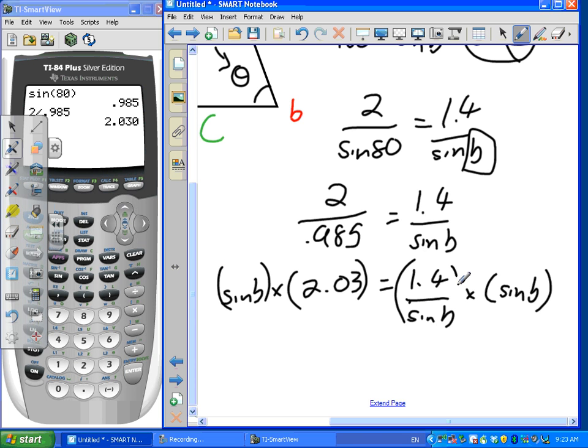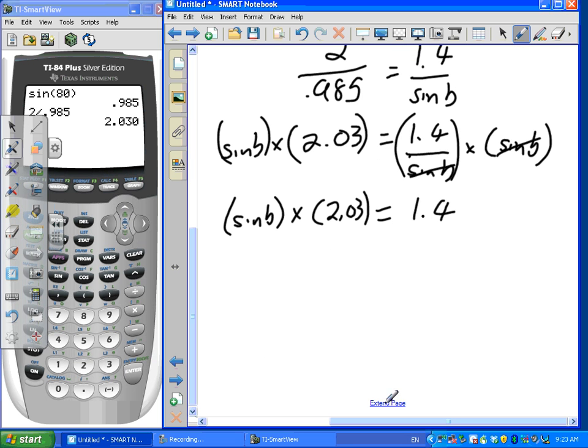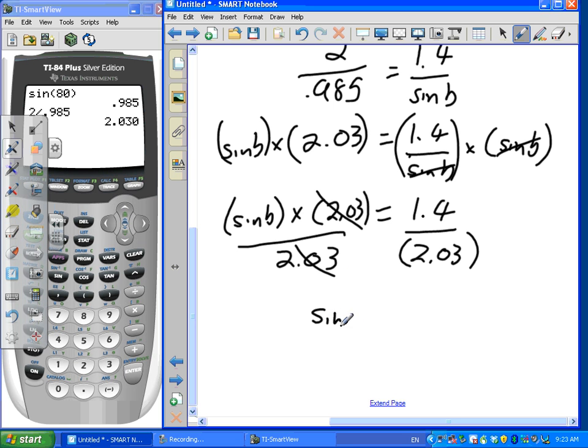These two here will cancel out. So I'm left with 1.4 is equal to sine B times 2.03. Once again, I still got to get B by itself. So the exact opposite. I'm going to divide both sides by 2.03. These two will cancel out.